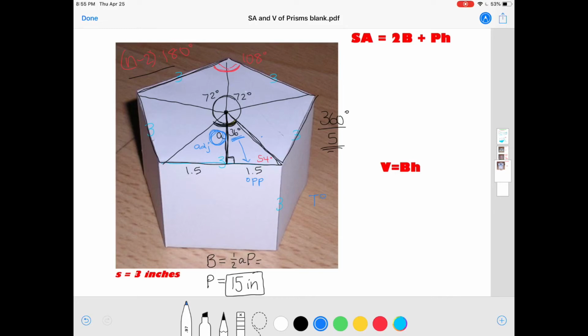Did you say TOA? So here's this little side calculation I'm doing now. I'm saying tangent of 36 degrees equals opposite over adjacent.